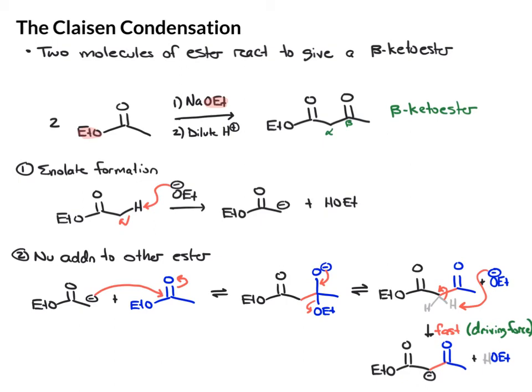So this explains why we need step 2, we need to add the dilute acid to protonate this intermediate and leave us with our final product. So it is a bit unusual in that in the mechanism, we form the product, react the product away, and then have to reform the product. But that is the way this reaction does work.